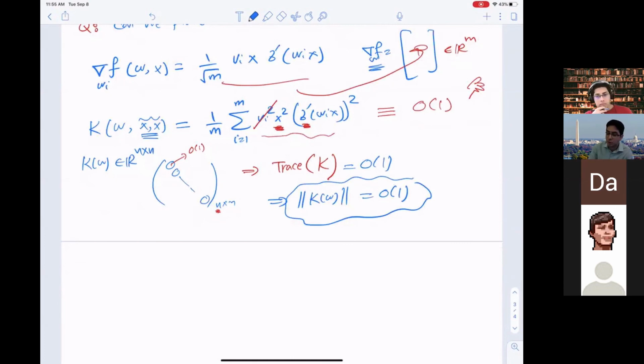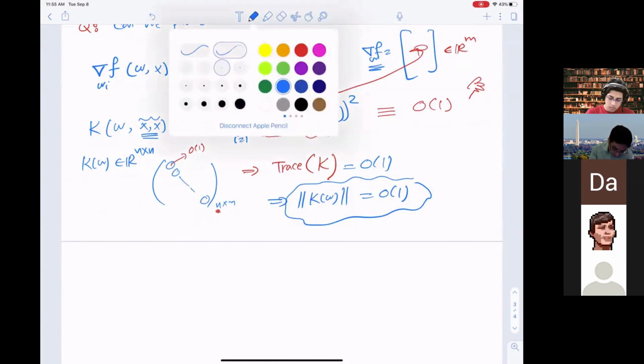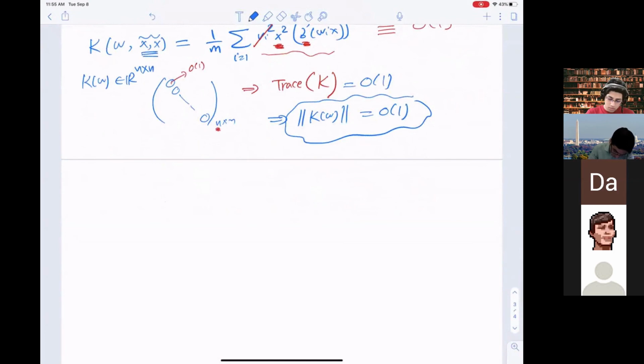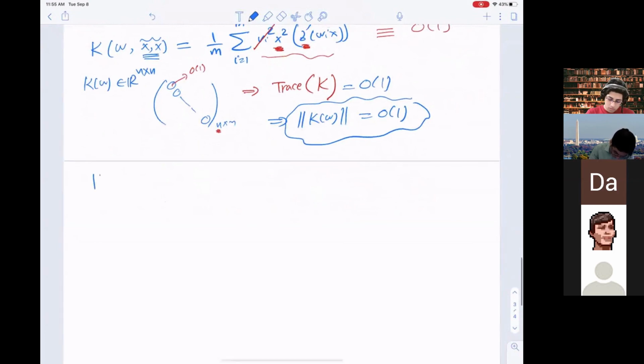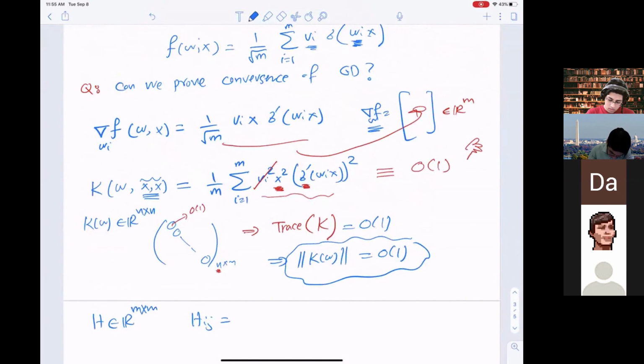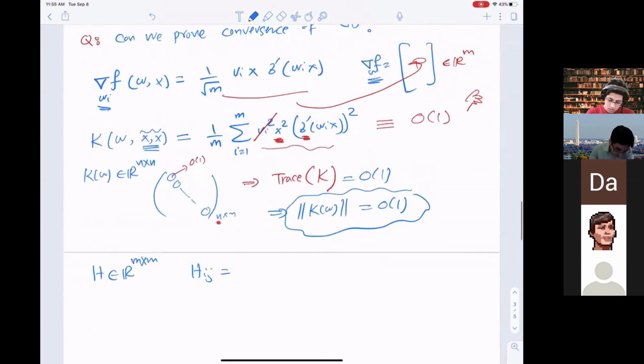In order to show the convergence, I need to think about the tangent kernel matrix, and I also need to think about the Hessian matrix. Similarly, you can compute the Hessian. The Hessian will be an m by m matrix. For the ij-th value, we compute the gradient with respect to w_i, and then the gradient of this with respect to w_j.